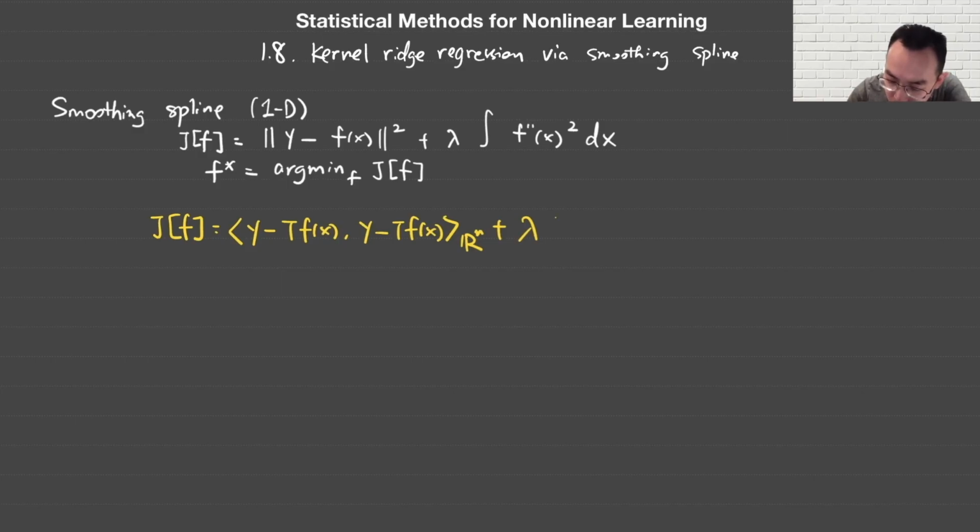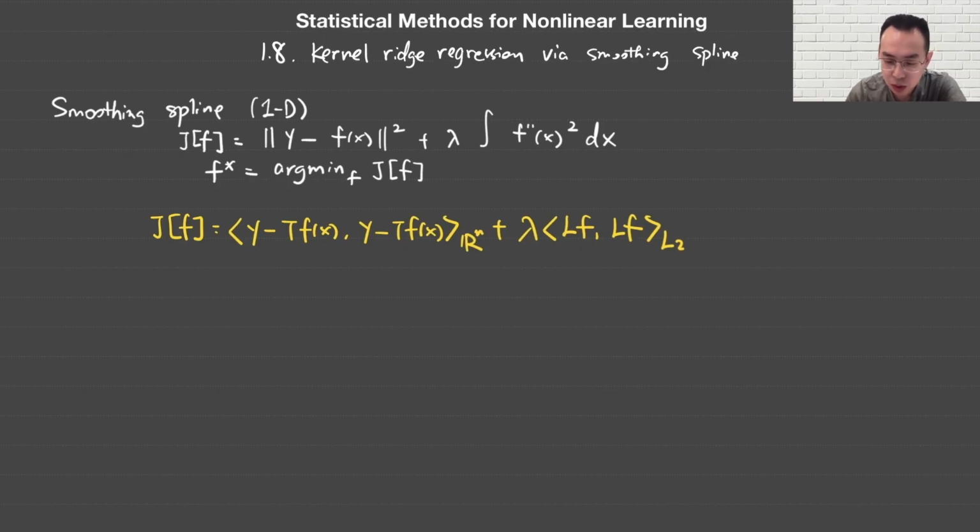We can write the second one as the L2 norm. So I can write it as L of f inner product with L of f. Okay, so the second one is going to be taking place in the L2 space.